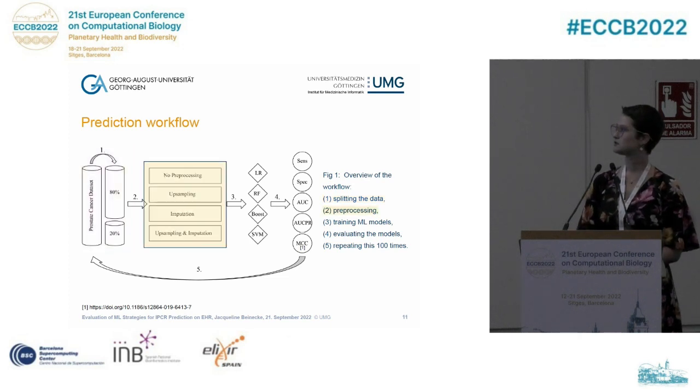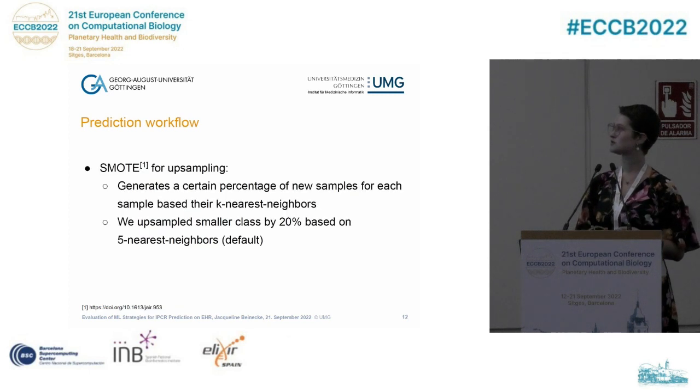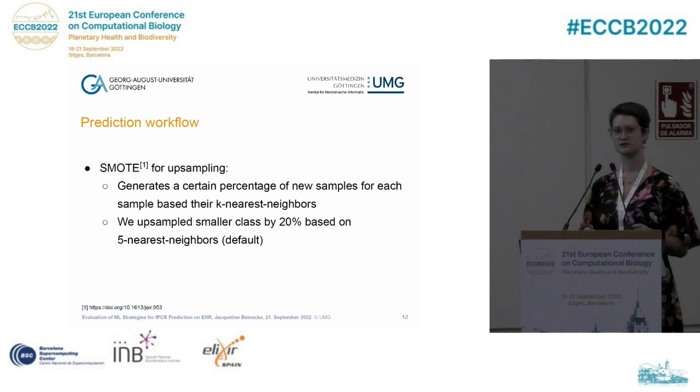and then we looked at some pre-processing techniques because, as I said, we have very highly unbalanced data and also a lot of missing values still. We mainly focused on upsampling, which increases the smaller class by a certain percentage by looking at the k-nearest neighbors of each sample. We used this to upsample our smaller class by 20% using SMOTE.